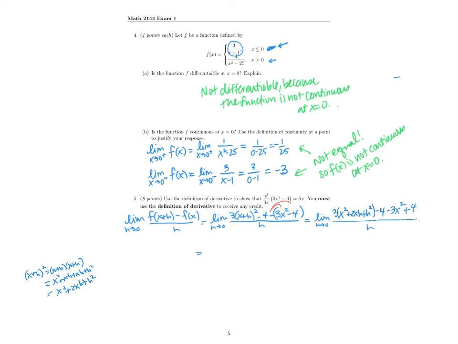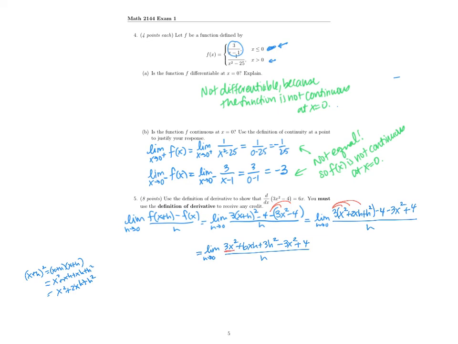And so I'm going to continue this down. The limit as h goes to 0. I'm going to go ahead and distribute that 3 into each of these things. And so I'll have 3x squared plus 6xh plus 3h squared minus 3x squared plus 4. All of that's over h. And what I can see here is I have some common factors.